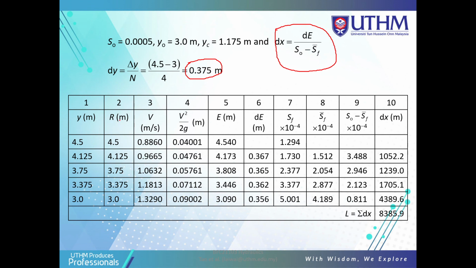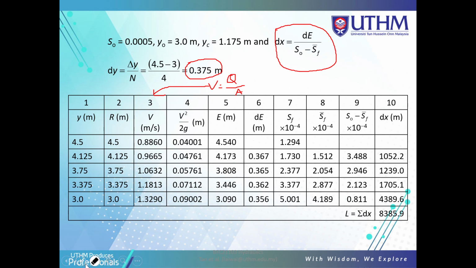Okay, and then you find the V. Okay, V you can find from V is equal to, sorry, Q over A. Okay, so you find the value of V. We get the Q, and we know that Q over B. To get this, you must remember all the equations you have learned in chapter 1, chapter 2, and chapter 3.